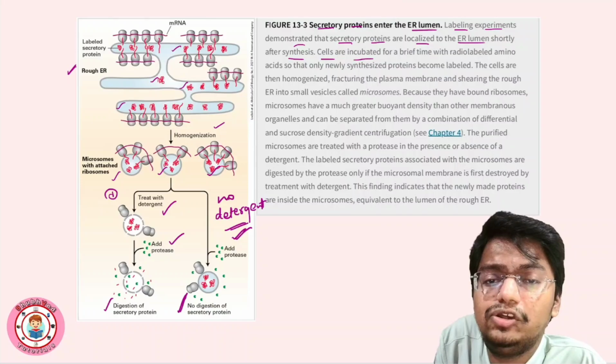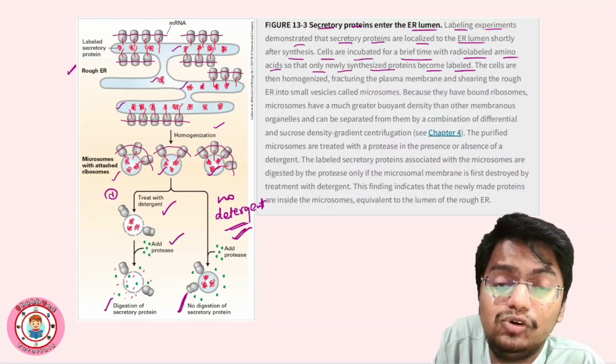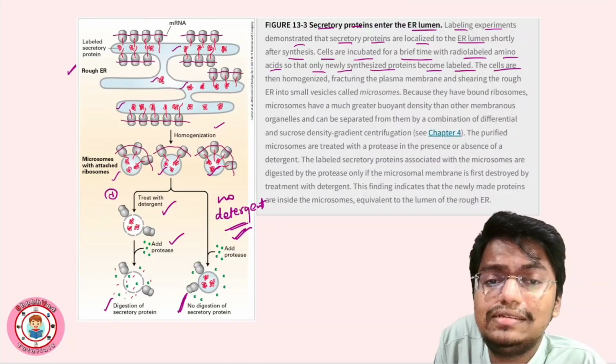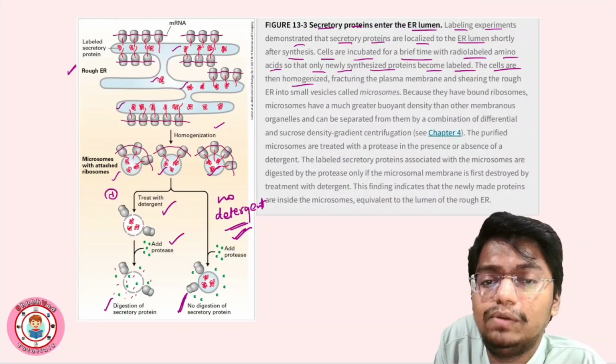Cells are incubated for brief time with radio-labeled amino acids so that only new synthesized protein become labeled. मतलब जो new protein synthesis हो रही है उसको ही लेबल करेंगे, राइट. ओनली न्यू प्रोटीन्स आर लेबल्ड. द सेल्स आर देन होमोजेनाइज. आफ्टर लेबलिंग होमोजेनाइजेशन करेंगे. सेम जो डेंसिटी ग्रेडियंट है ना, सेम जो हमने पढ़ा अभी.